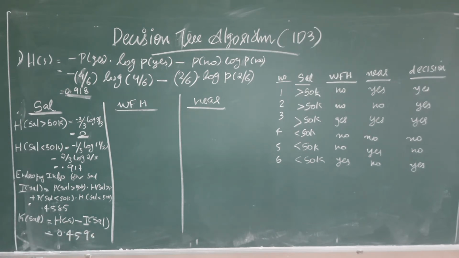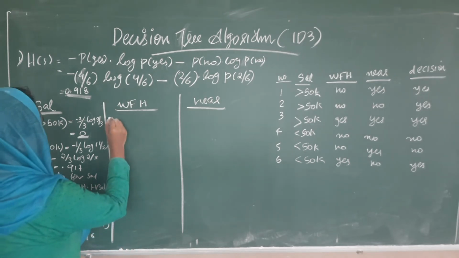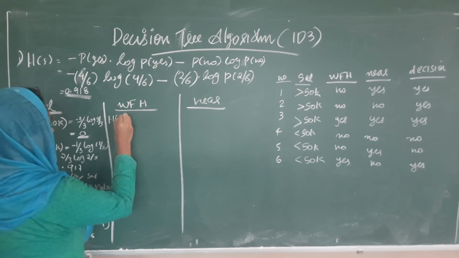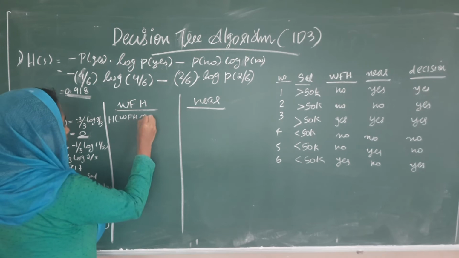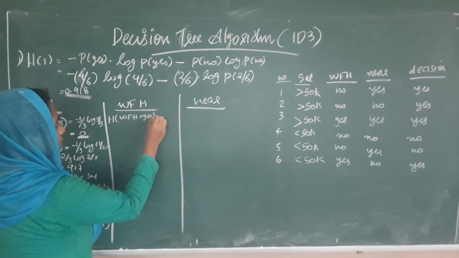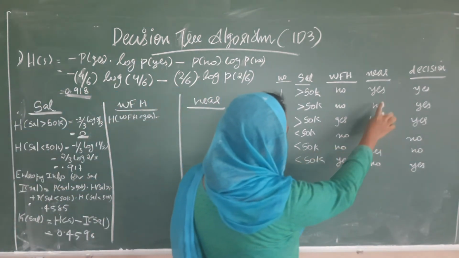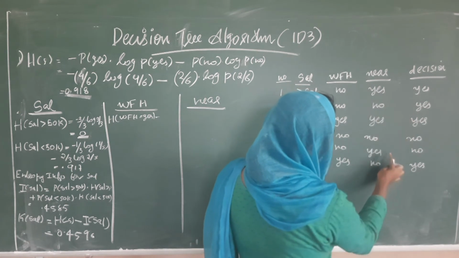Similarly, all these computations must be repeated for the work from home attribute and also the near attribute. So we will do those computations. So for work from home, when work from home is yes: 1 instance, 2 instance, 3 instance.